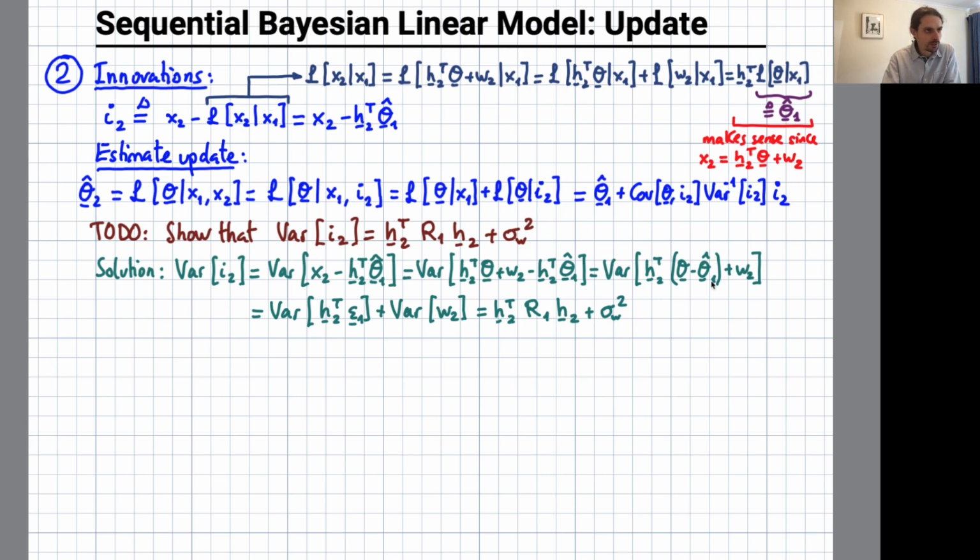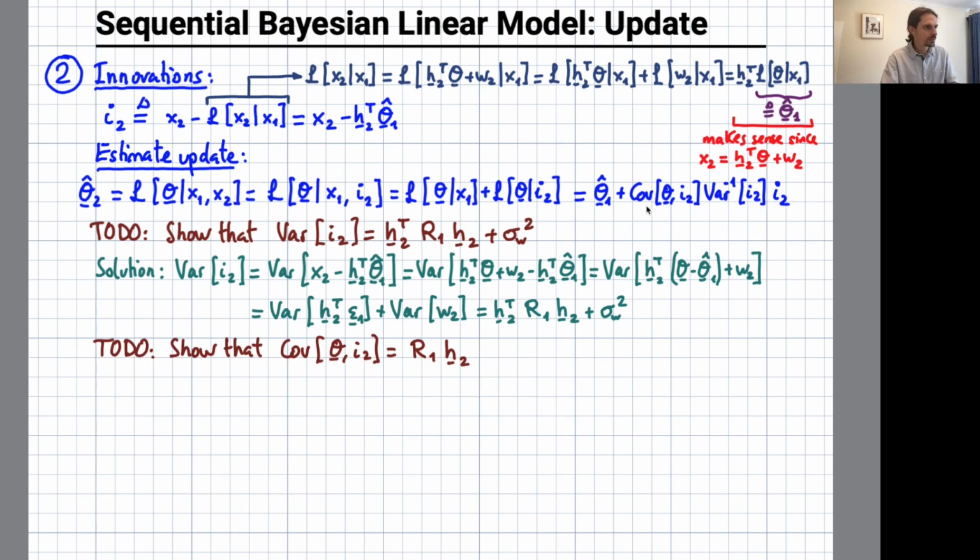Therefore, we conclude that this vector and this vector are uncorrelated, and we can apply that the variance of the sum equals the sum of the variances. Now, just by using the properties of the variance and the definitions in the previous slide, we obtain the desired expression for the variance of the innovations.